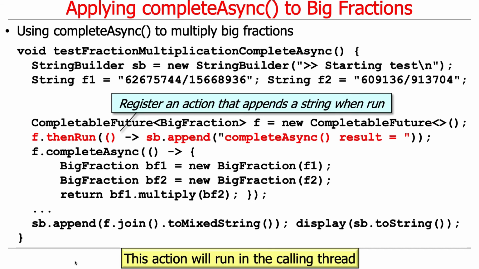And then we register this action that will append a string to this StringBuilder when the CompletableFuture is actually run. So remember, we created a CompletableFuture. We don't have any code associated with it yet. And we're going to associate this action to run, and it'll append a string when the future is actually called.